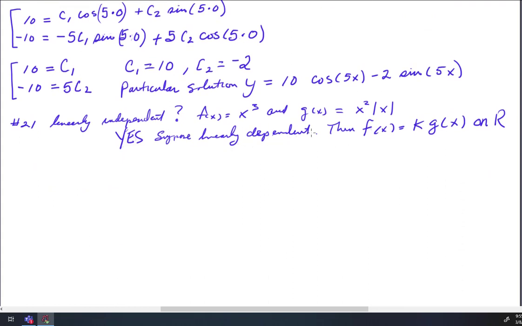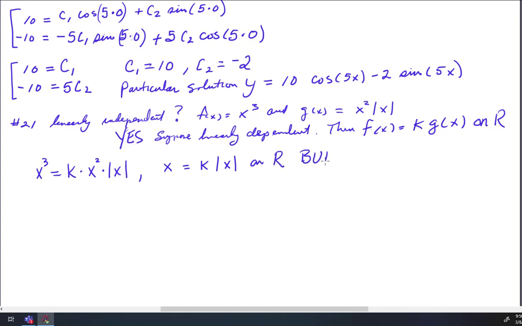A consequence of that supposition is that f is a constant multiple of g, that is x cubed is equal to k times x squared times absolute x, which would be x is equal to k absolute x on the real number line.